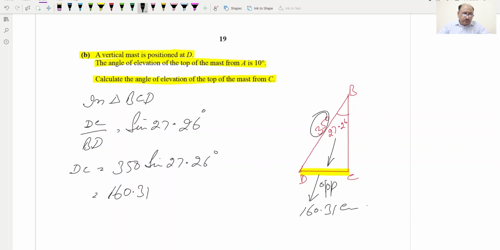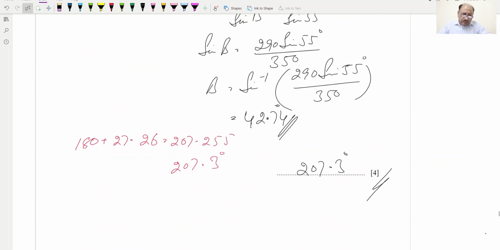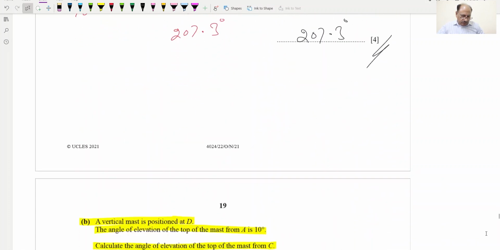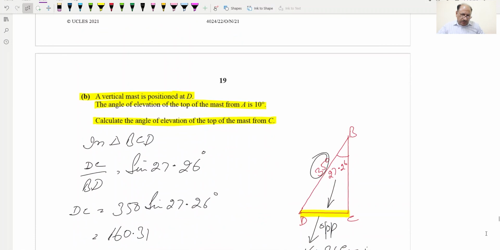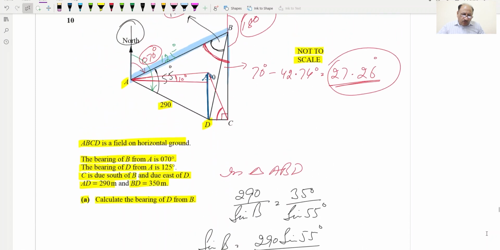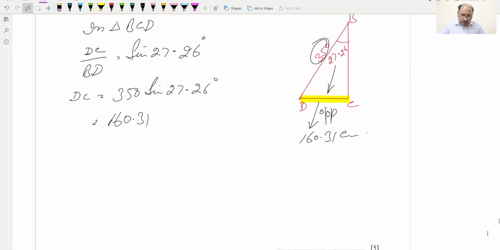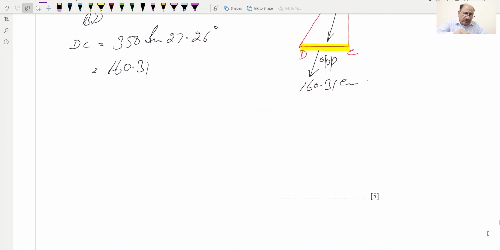Now we can consider the triangle with which we can calculate the angle of elevation of the top of the mast from C. So from C we need to calculate, and if I redraw the triangle for you, the triangle we are considering is basically this one.